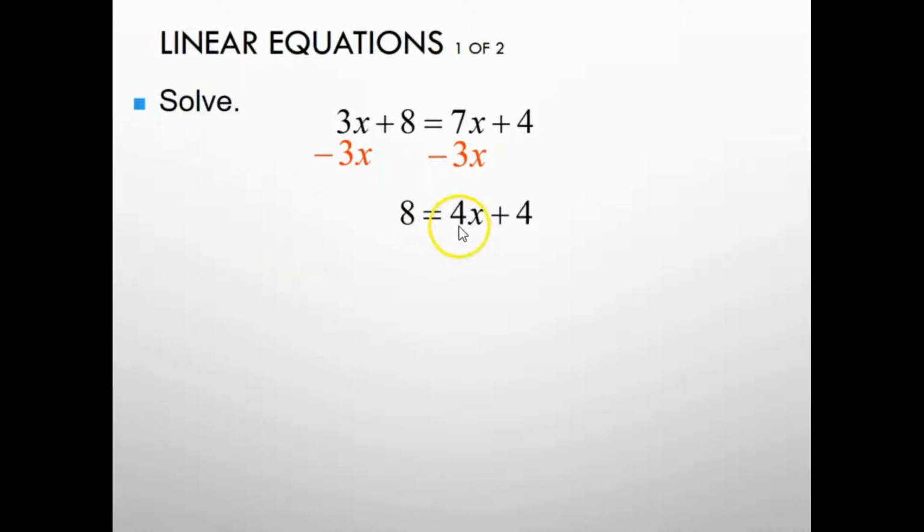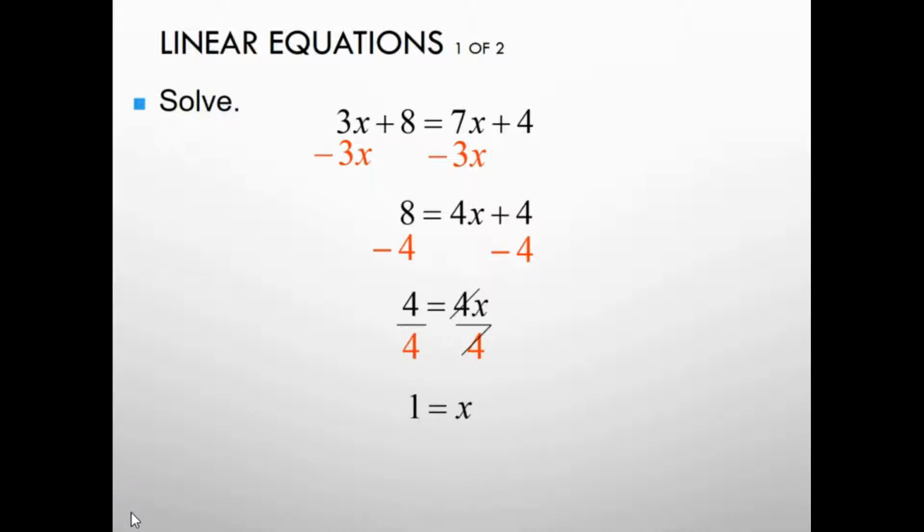The focus then is to get the variable by itself, so to eliminate the positive 4, we'll subtract 4. Last, we will undo multiplication, since we want to have a coefficient of a positive 1 on our variable, by dividing both sides by 4, which results in a solution of x equal 1.